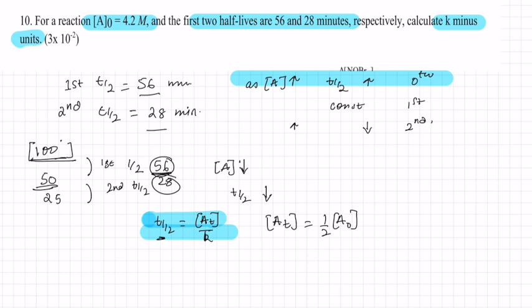So we can write this as T half is equal to A naught over 2K. Again, as always, they are asking you to solve for something, which is to calculate K, that is the unknown, which means they must give you the other things. So they gave me the initial concentration and they told me the first half-life as 56. So let me plug those numbers in here and isolate for K.